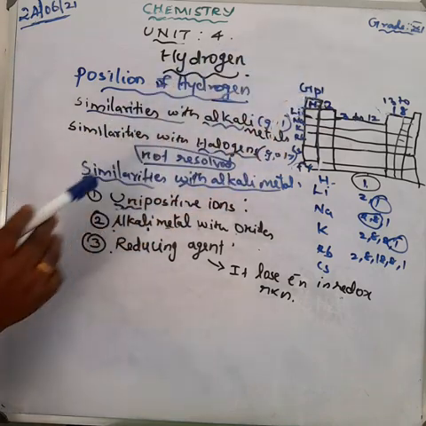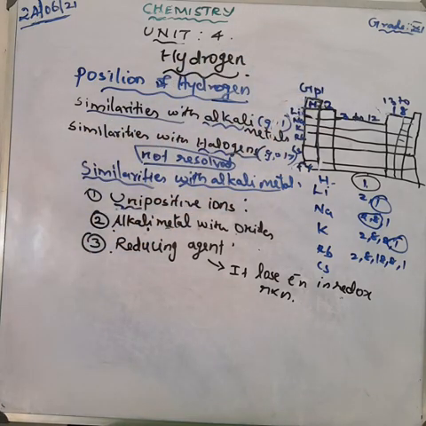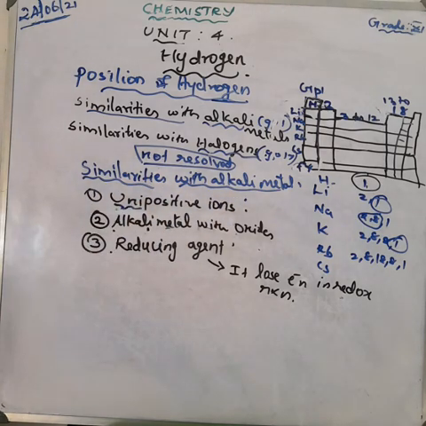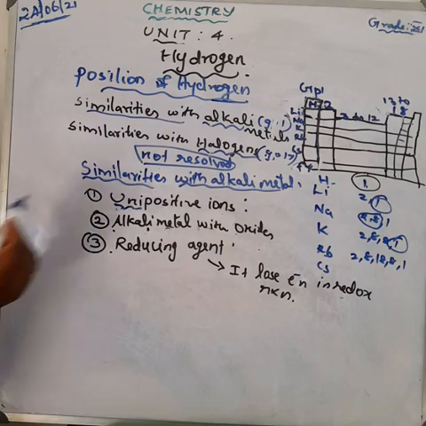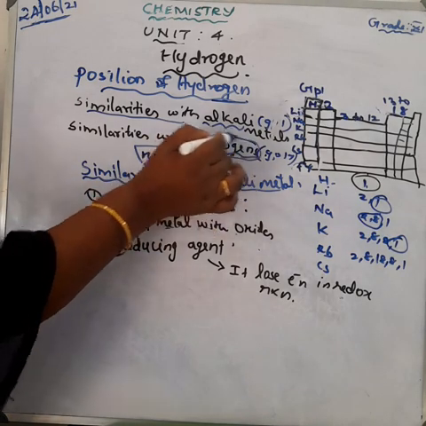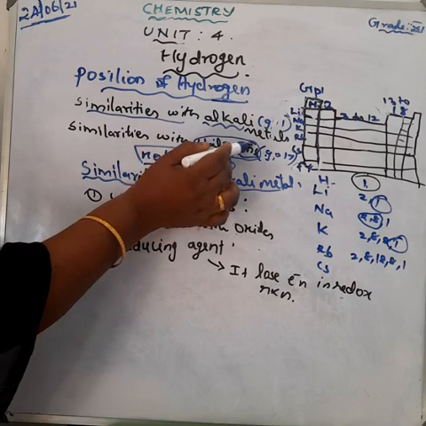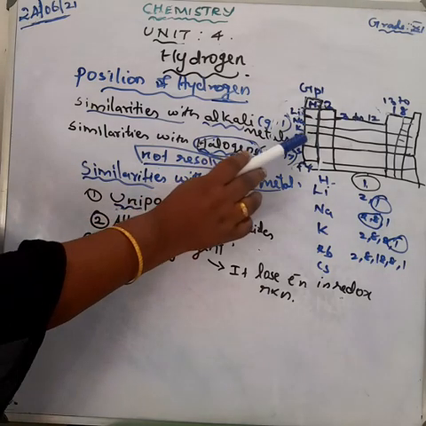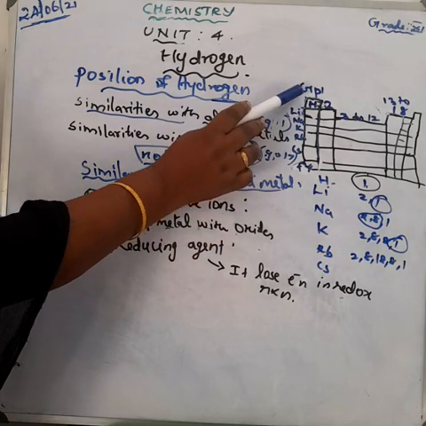Hydrogen has similar characters to the alkali metals, and its characters are also similar to the halogens. So why is hydrogen placed in the first group with the alkali metals?